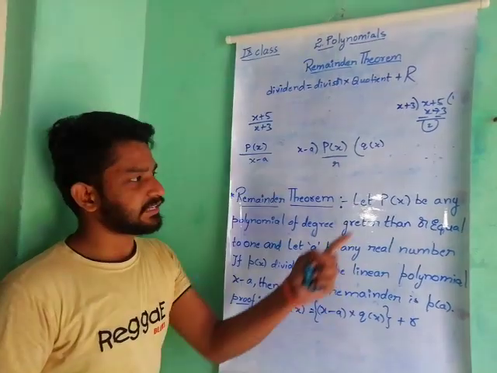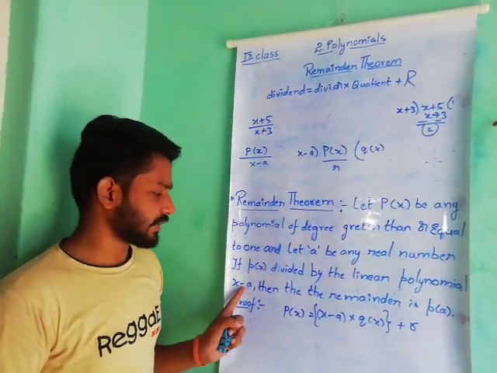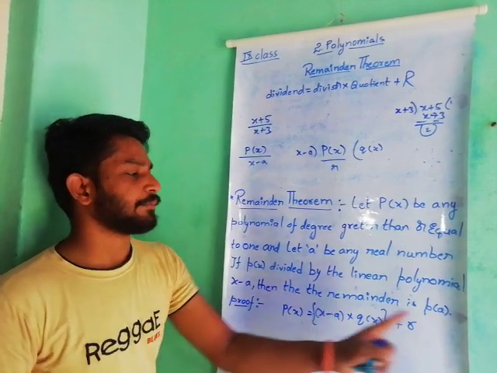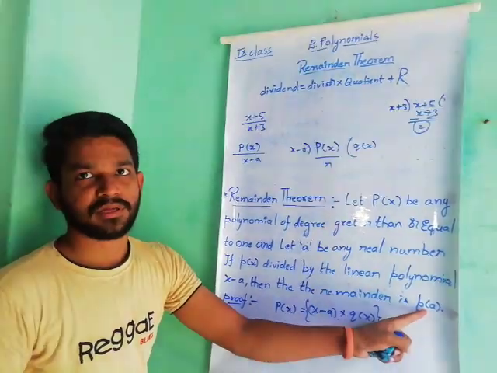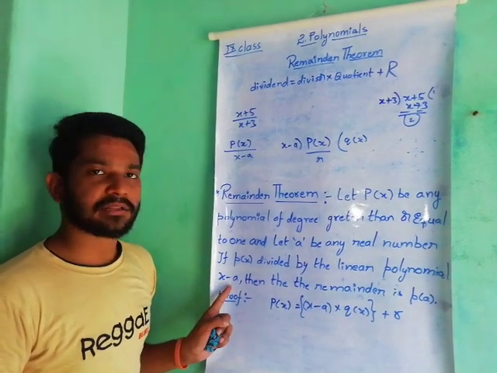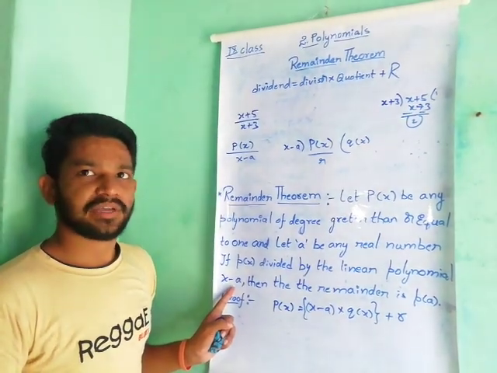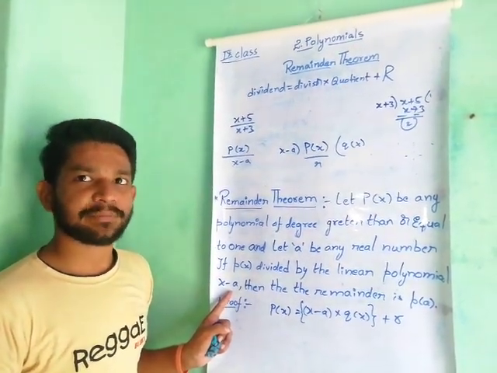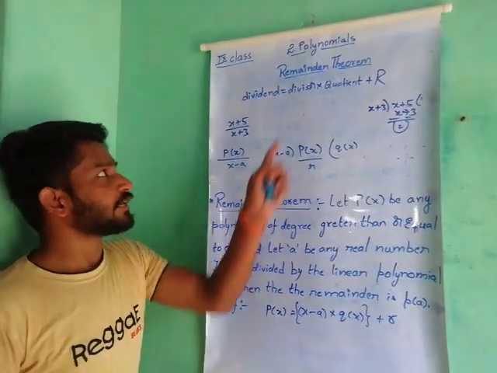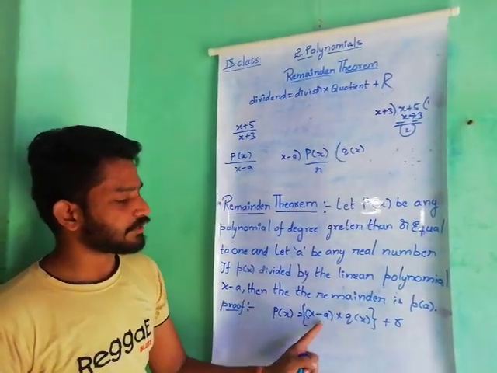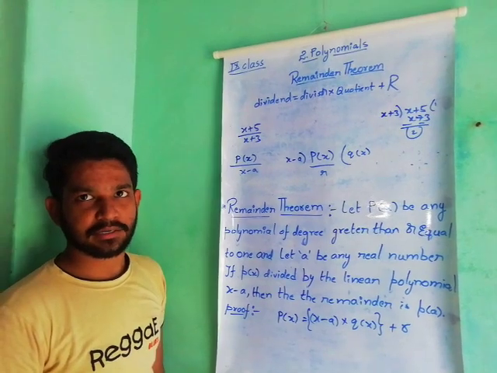Here he is simply saying that P of x is divided by x minus a, and we have to prove that the remainder is P of a. When one polynomial is divided by another, we get a quotient and it leaves the remainder r.